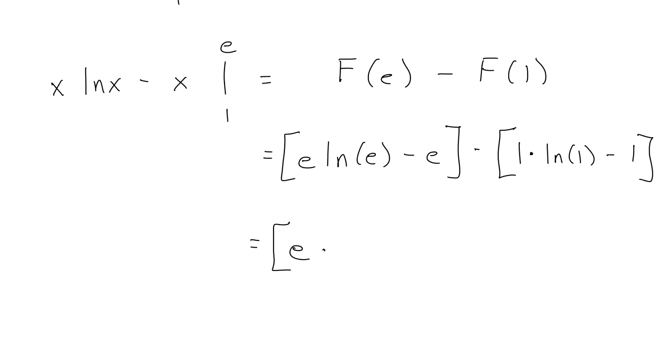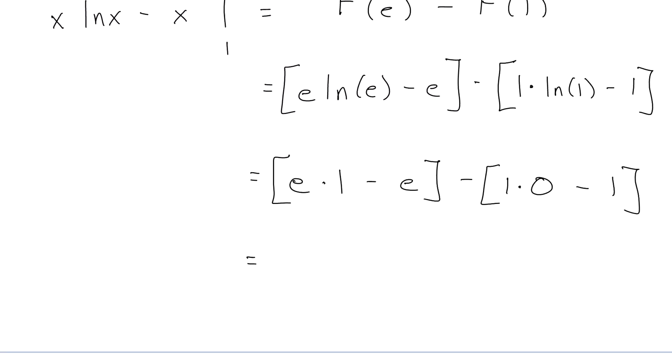That will just be times 1. It will simplify to be e, minus over here 1 times natural log of 1. Natural log of 1 is just 0. The logarithm of 1, in any base, is always 0, and then minus our 1 over here.